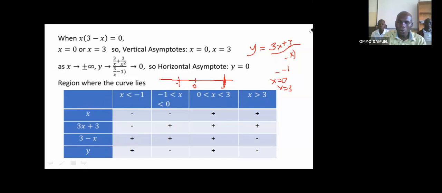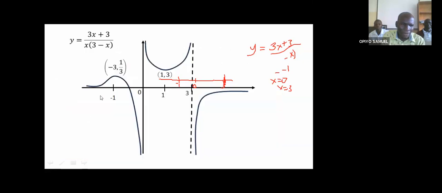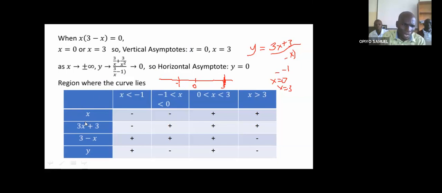Then we have also 3x plus 3, which is the second part. And then in the lower part, we have 3 minus x, which is this. y is a combination of these three. That is, y will be 3x plus 3 over x times 3 minus x.